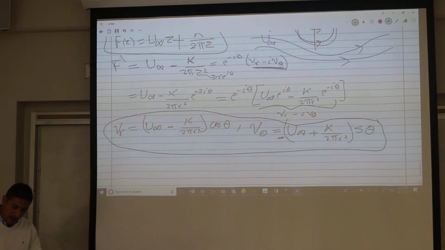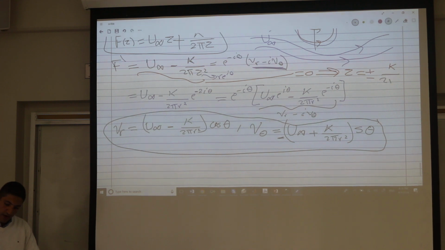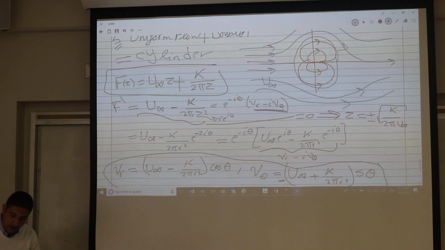So if you equate this guy to 0, you get immediately that z is plus or minus k over 2 pi u infinity, right? So it's real. So the 2 points are here, one positive and one negative, and this tells you the radius. So this is the radius of the circle A.